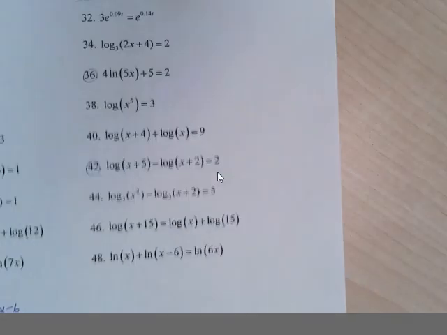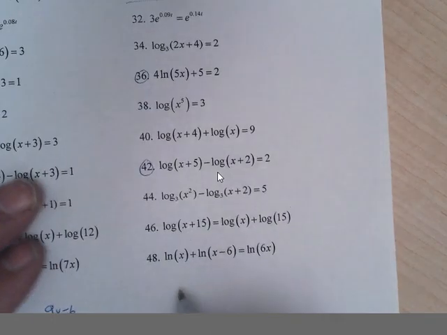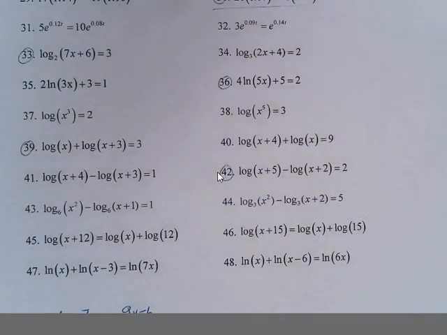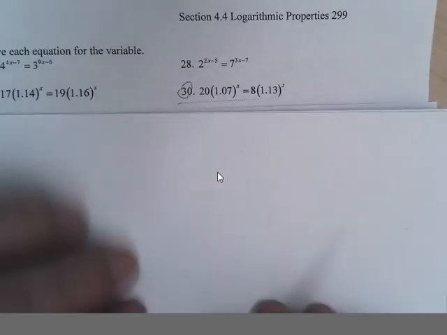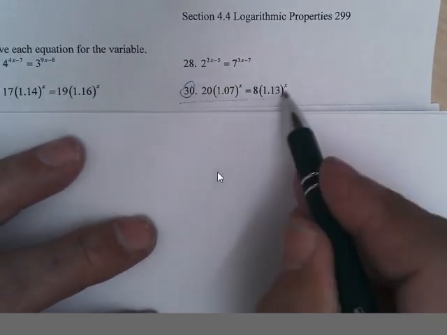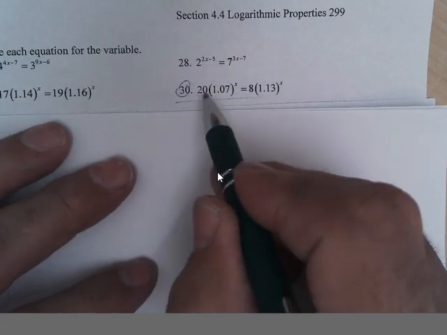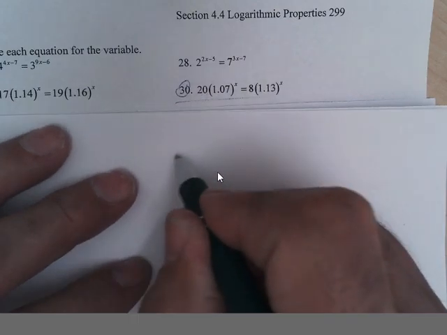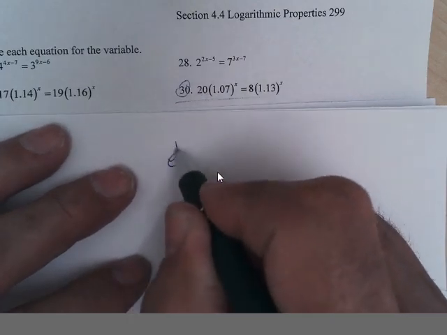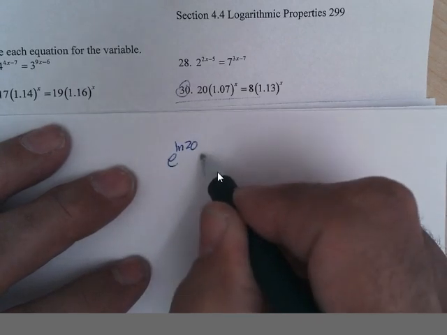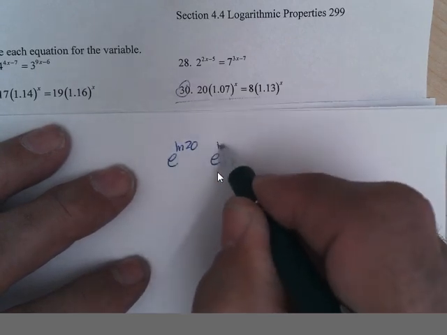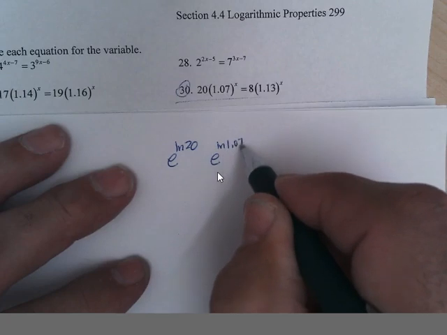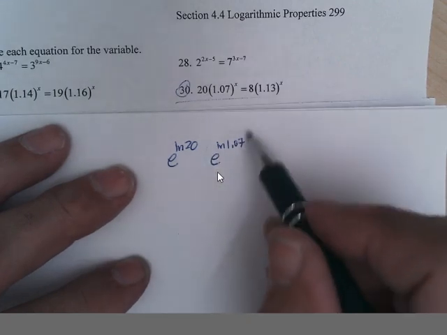All right, 30. So I'm going to write that down. I'll just get another piece of paper here so I don't have to write it all down. There's 30. So I've got to work it out. I'll do this in base e. So 20 is e to the ln 20. 1.07 is e to the ln 1.07, and that's to the x.